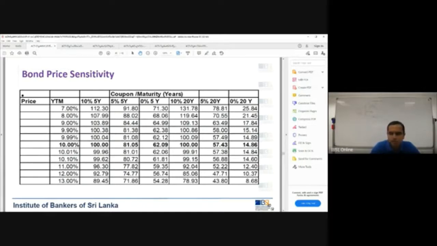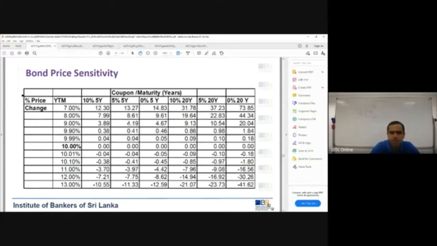And as you reduce the yield, the price again keeps increasing, and as the yield keeps going up, the price will drop. All right, so now analyzing the sensitivity, as we discussed earlier, as yield keeps increasing, the price keeps dropping.